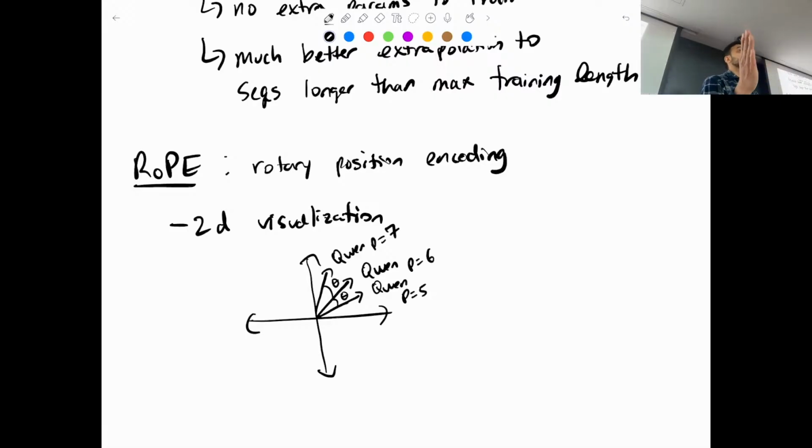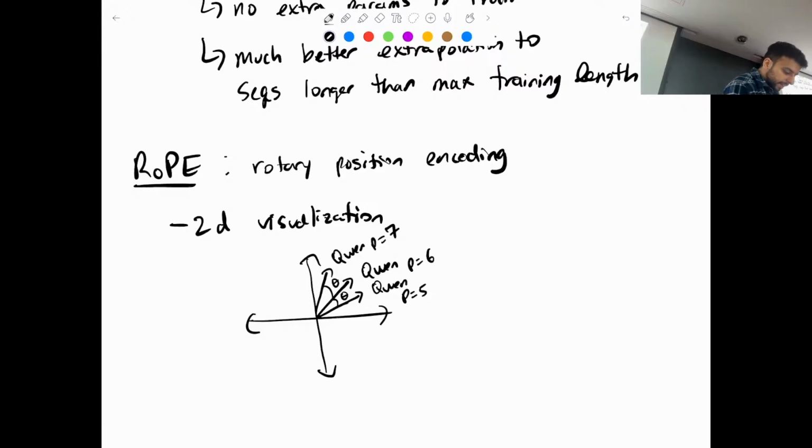If theta is small, then my Quen vector will rotate very slightly as the position changes. If theta is large, I might have many rounds of this, so the query vector is very sensitive. So this is kind of analogous to that M hyperparameter in ALiBi. We have some hyperparameter that's controlling how sensitive this encoding is to position.